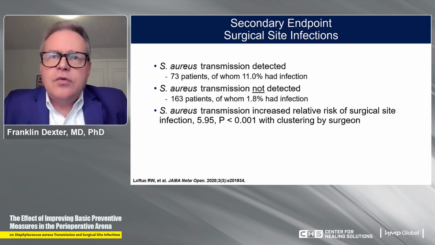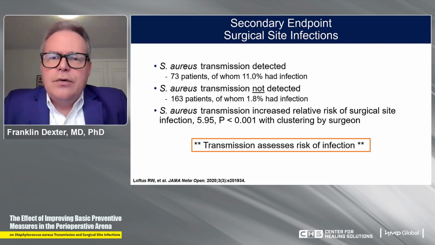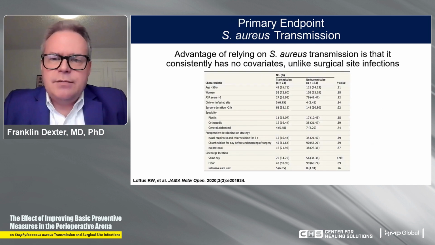It's the relative risk of a surgical site infection if you have Staph aureus transmission. So the broad point here is that transmission is strongly associated with infection. Staphylococcus aureus transmission measured in the operating room is a marker for the risk of infection.